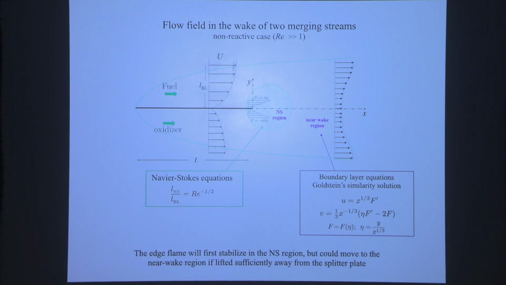It's all fluid mechanics. Nothing that I have said here is new, except that what we want is to solve the problem in this region, because we expect that the flame, at least for some velocity, will be established close enough to the tip of the plate.